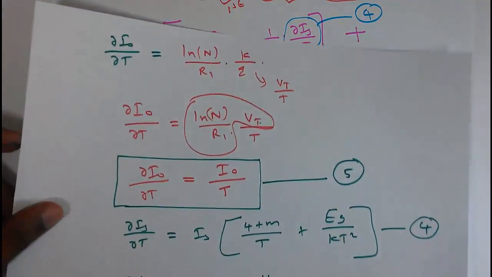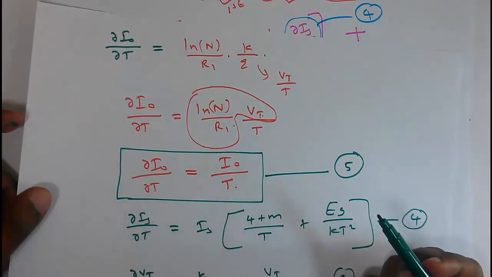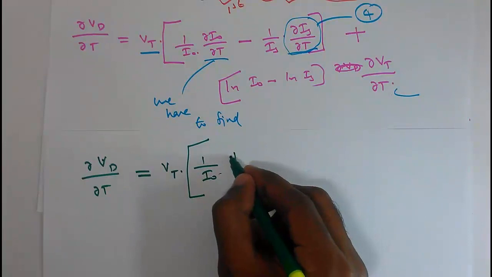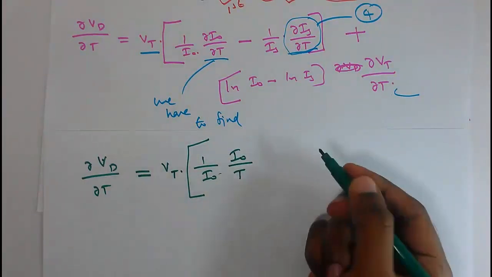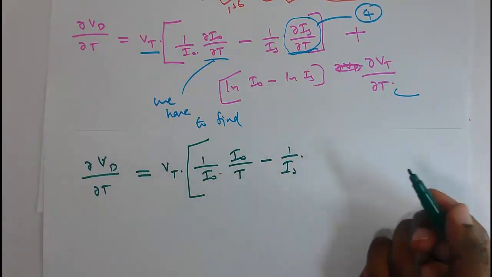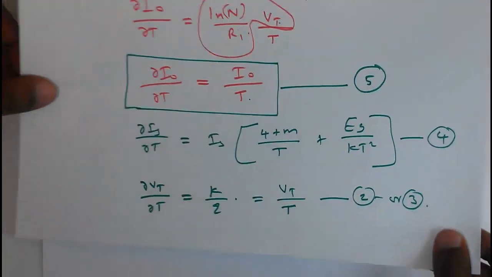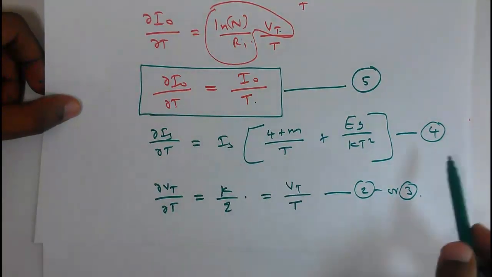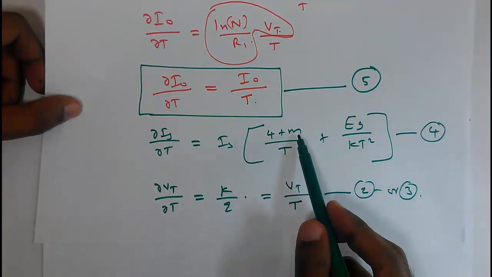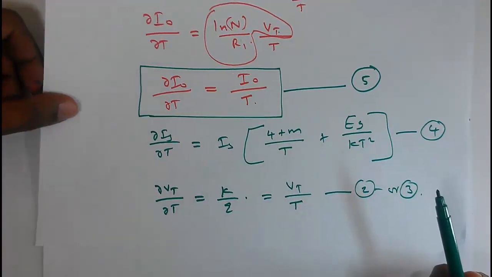So dou I0 by dou T is equal to I0 by T, that we derived. So I am writing I0 by T minus 1 by Is into dou Is by dou T. The dou Is by dou T we got from expression 4, that is equal to Is into 4 plus m divided by T plus Eg by kT square.